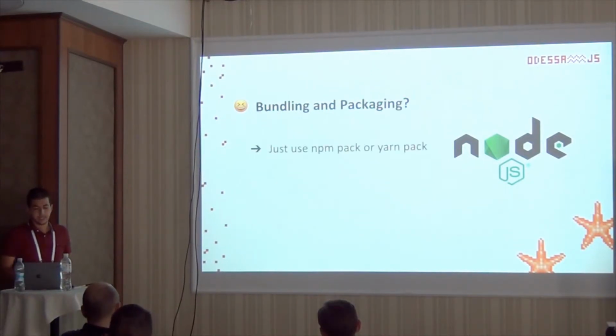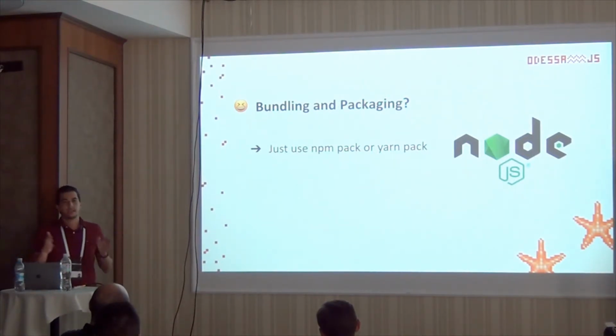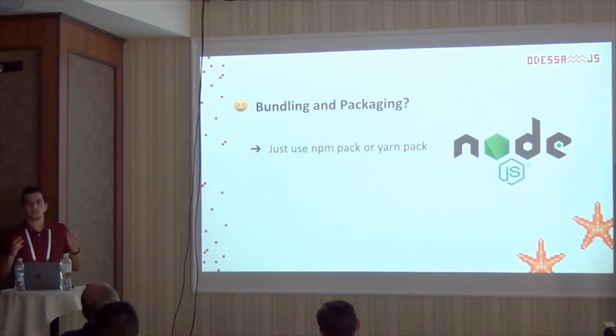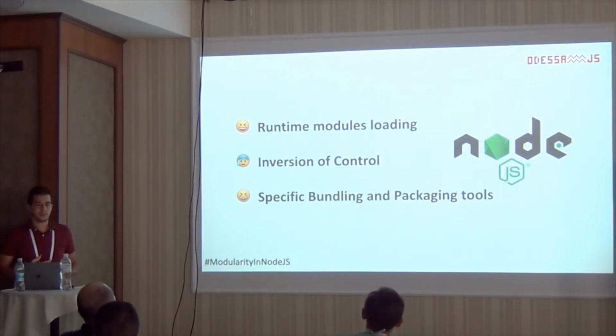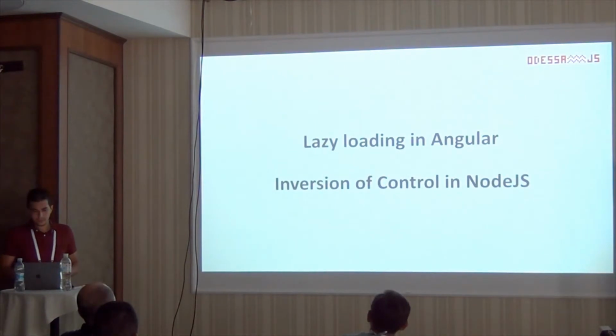And for bundling and packaging, you can just use npm pack or yarn pack, but you can also use some gulp tasks to minify and uglify your JS code. So for Node.js, we have runtime module loading and bundling tools provided, but we don't have inversion of control.